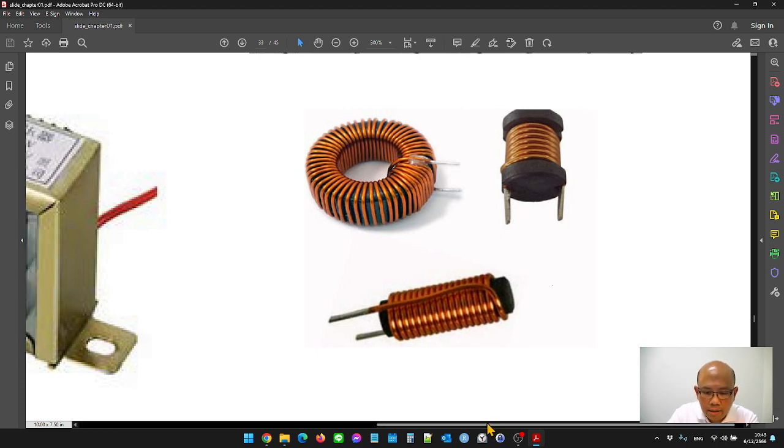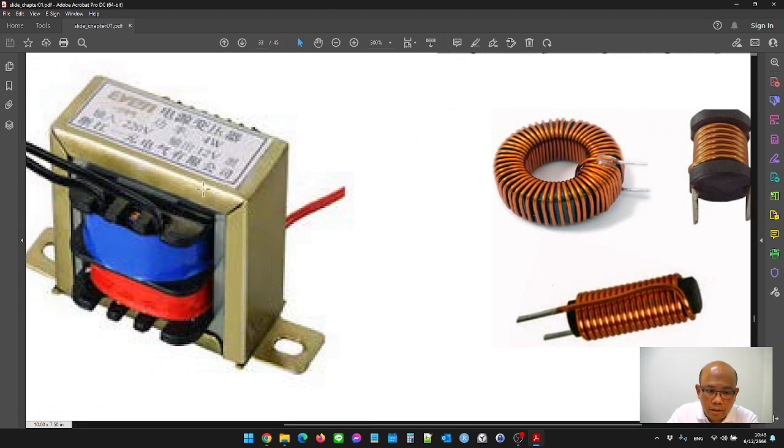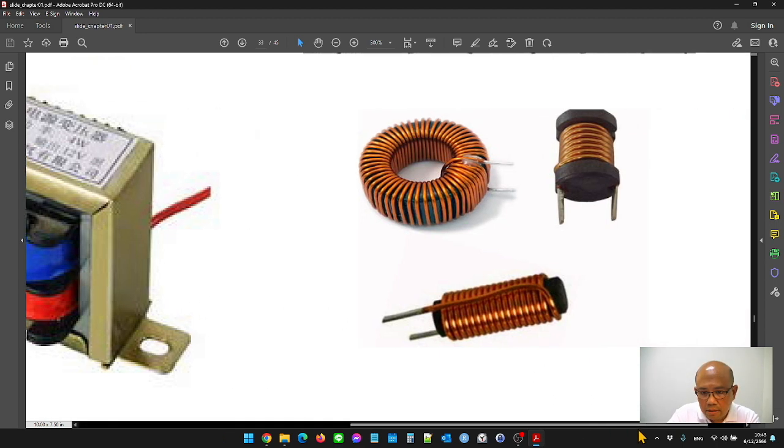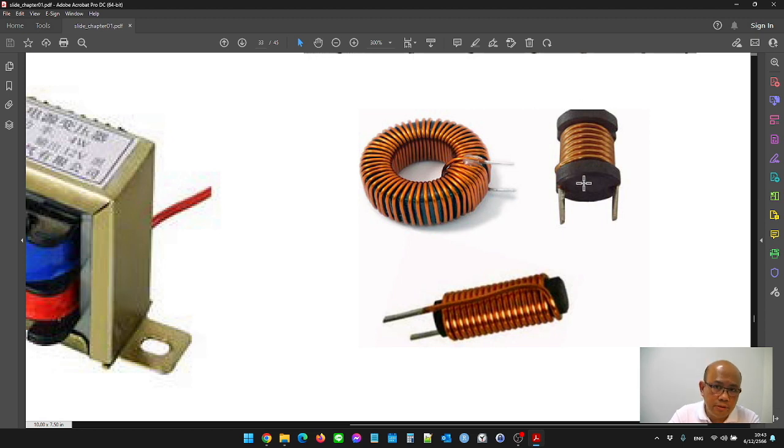Look here, this is a transformer. The transformer body is made from iron. That supports only frequencies not over 100 Hz. Here, the core is made from ferrite, that is iron mixing with carbon, which supports high frequencies.